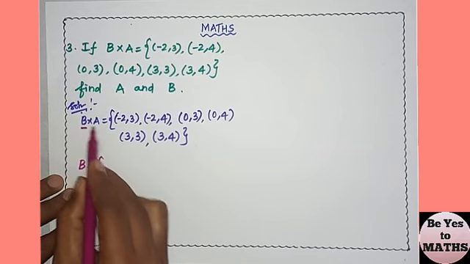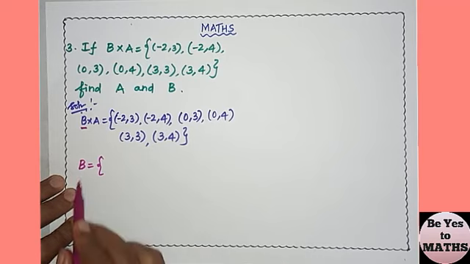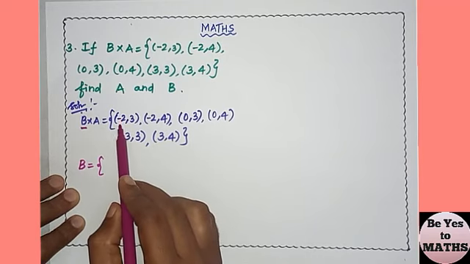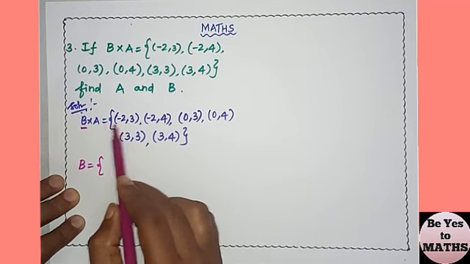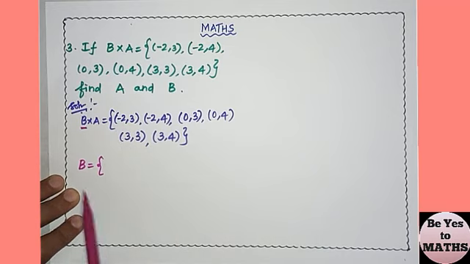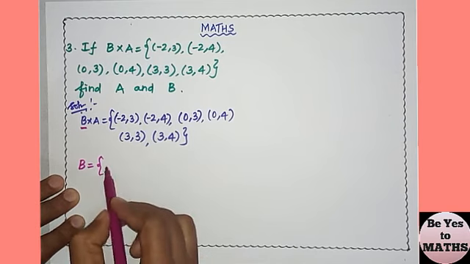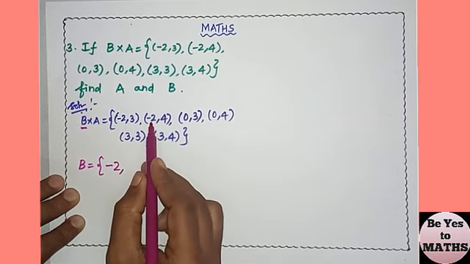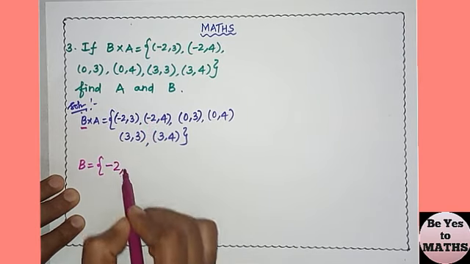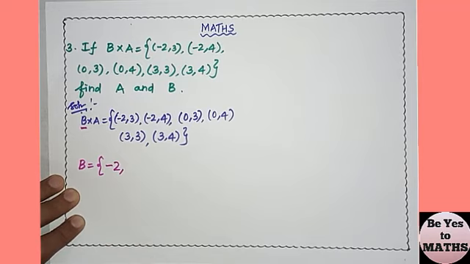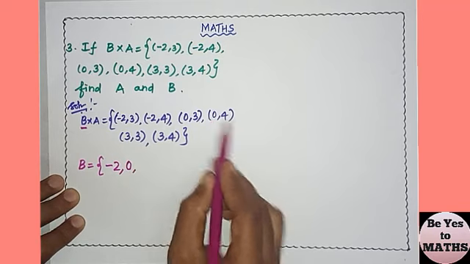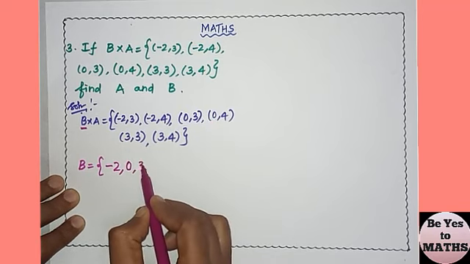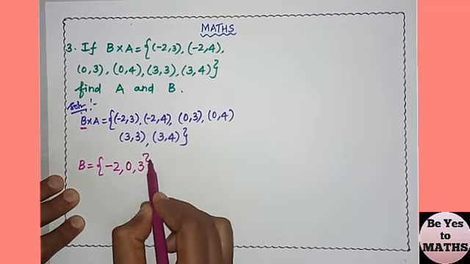Here B is first. So set B is all the elements which appear first, that are the elements of B. So -2, here also -2, but you have to write only once in a set. So 0, again 0, no need to write. Here 3, here also 3, so no need to write.